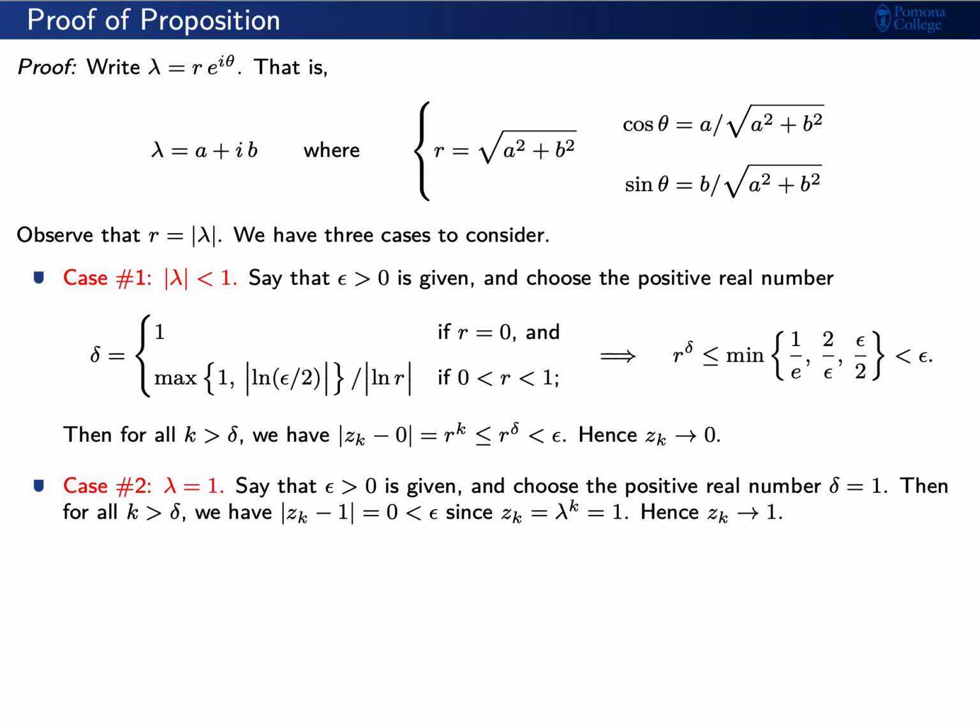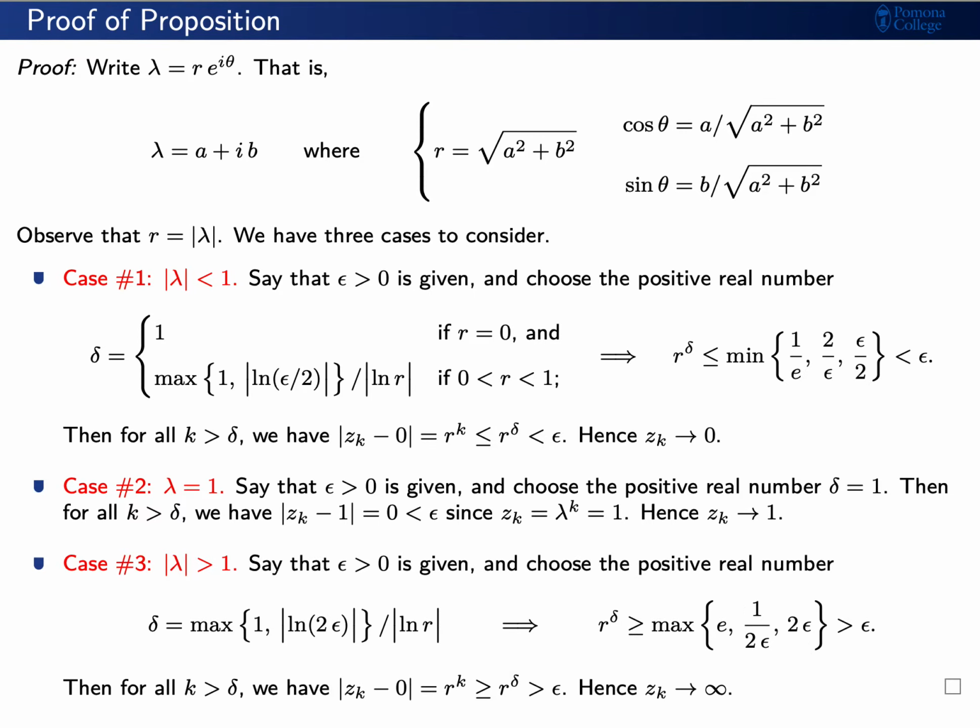Next, let's say that lambda is equal to 1. In this case, every z sub k equals 1, so the absolute value of z sub k minus 1 should be equal to 0. But this is less than epsilon for any positive epsilon. So again, by definition, we see that z sub k has to tend to 1.